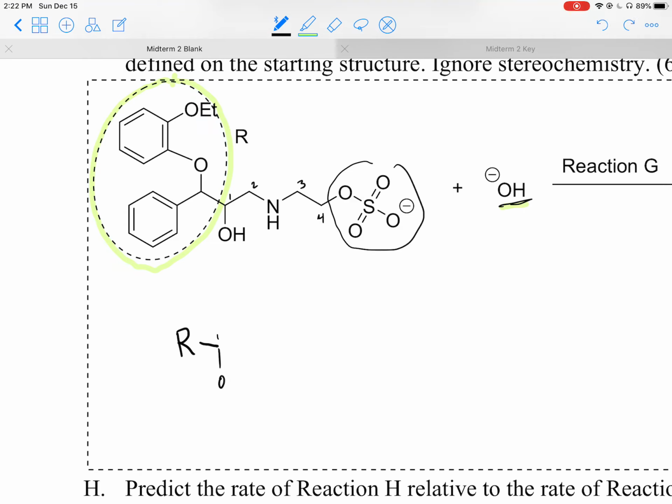Let's draw O-H. So we know that there's going to be an acid-base step in there somewhere. 2, nitrogen, hydrogen, that's 3 and 4. And then we have oxygen, sulfur, and there we go. Okay, and we have this OH negative right here.